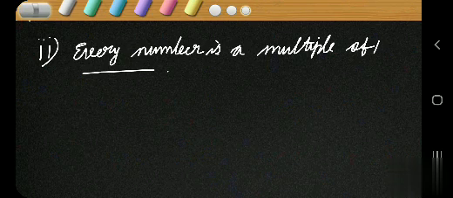Within brackets you write, please: Reason, every number can be written as 1 into that number, or every number can be written as the product of 1 and that number.